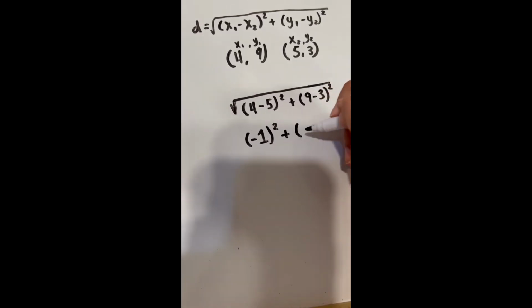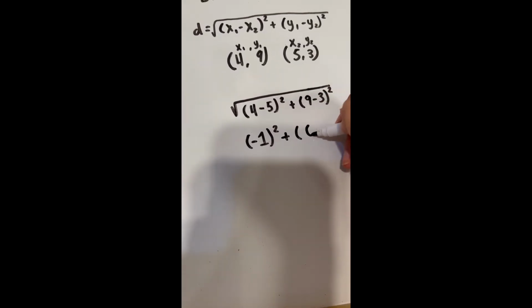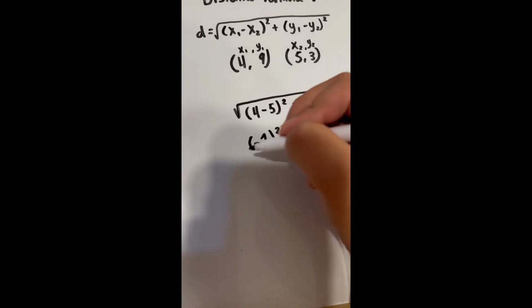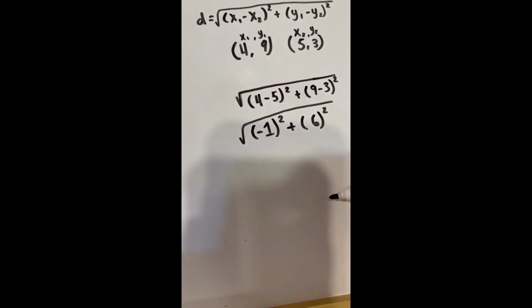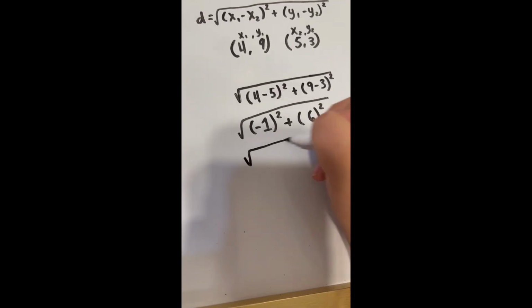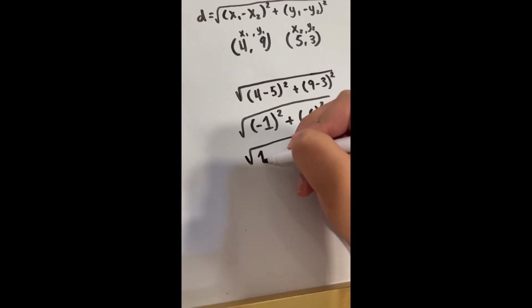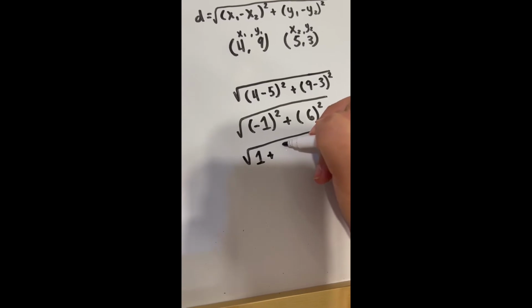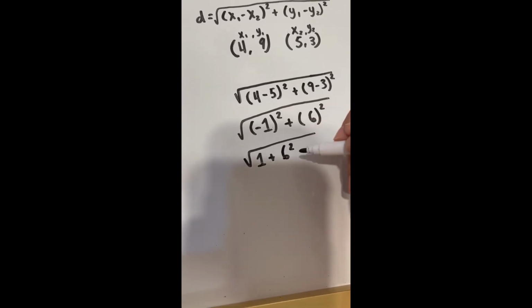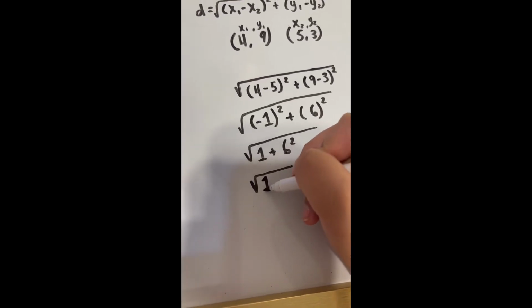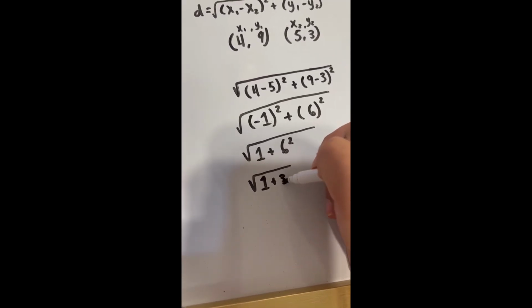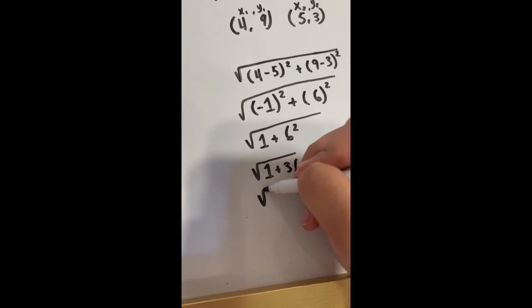4 minus 5 will equal negative 1 squared, and 9 minus 3 will equal 6 squared. Now we're going to figure these out. So negative 1 squared will equal positive 1, and 6 squared will give us 1 plus 36.